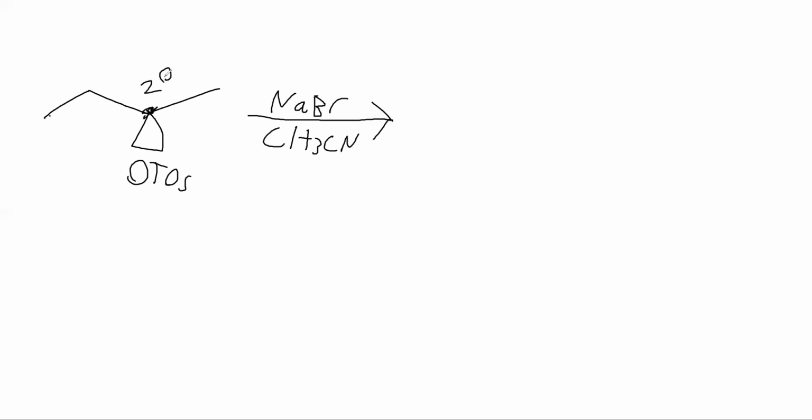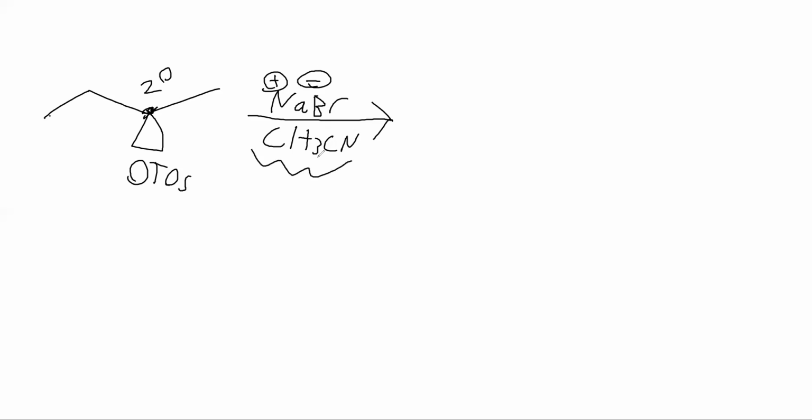It's secondary, doesn't tell us one way or the other. So we turn to the nucleophile. We have a negative charge on the bromine and a positive charge on the sodium. So negative charge means relatively strong. This isn't the best nucleophile, but it's negative, so it's relatively strong.